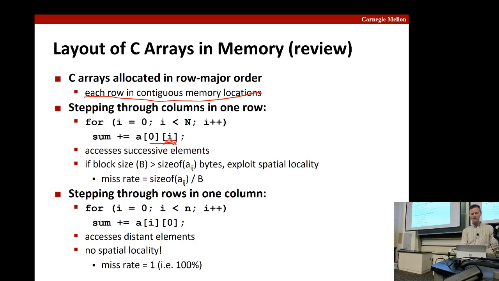And so as long as the block size is bigger than the size of a data item, in other words, as long as you can fit more than one data item in a cache line, then this is a very nice access pattern. And in fact, you only miss every time you have to bring in a new cache line. So for instance, if you could fit 8 data items in a cache line, then you do 1 miss and then 7 hits. So your miss rate is 1 out of 8. Okay, that's all this is saying here. It's 1 over 8.